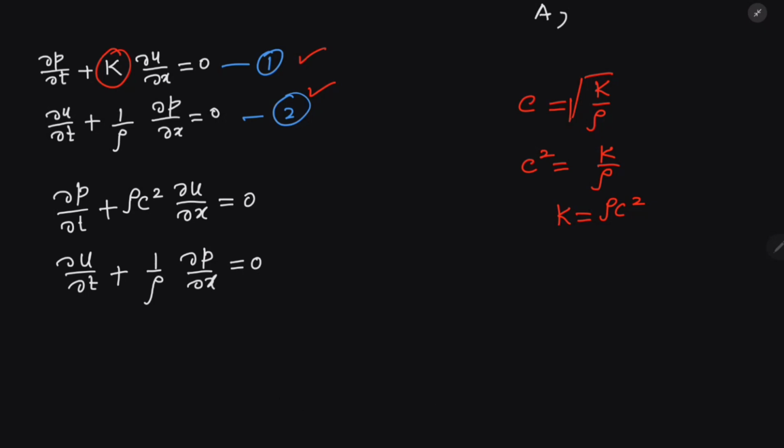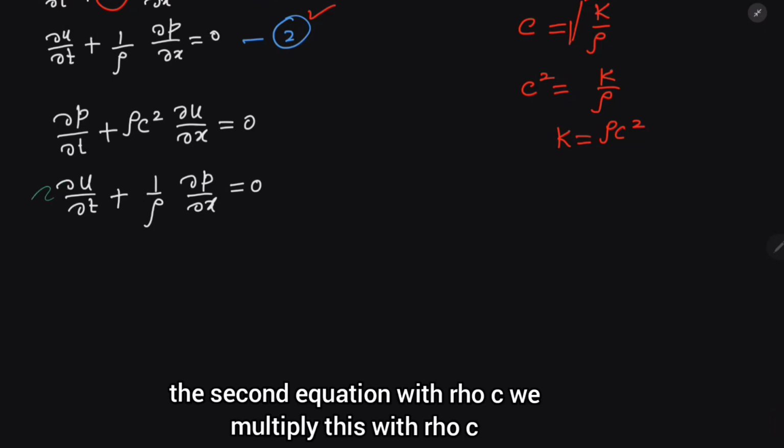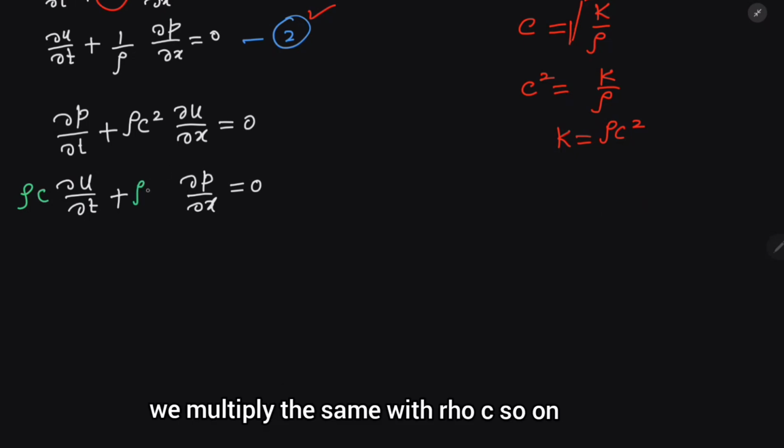So what we do, we multiply the second equation with rho c. We multiply the same with rho c.